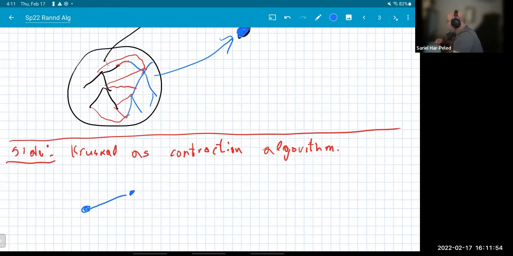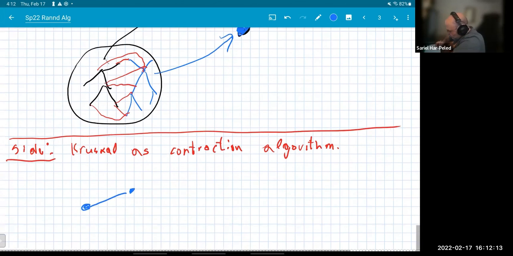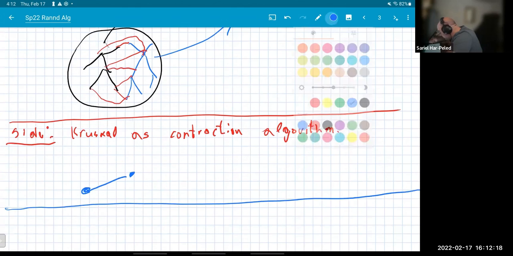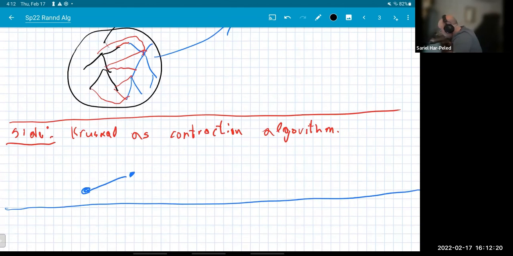You can interpret it in our language as contracting this edge, right? So one can interpret Kruskal's algorithm as an algorithm that performs a sequence of contractions until you remain with a single vertex. And the tree of contractions you performed is the MST. Okay, this is a side comment. Why it is relevant and important will become hopefully clear shortly. Okay, back to our business.